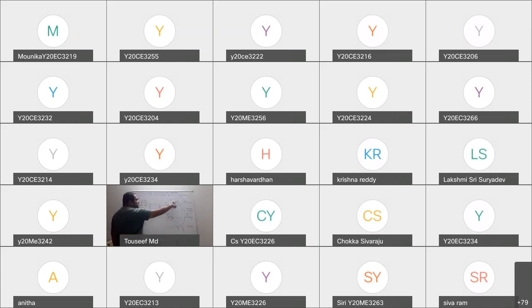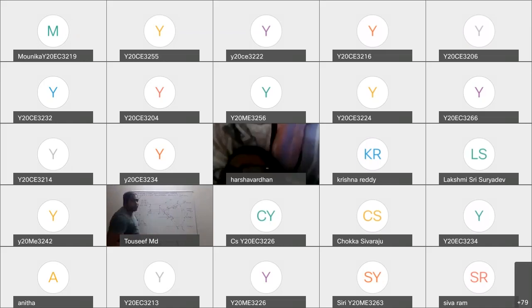Because while taking the center of rotation, you must know the full details of that point, that is front view and top view. Here A dash is only known. I didn't know point A. So the front view is known, the top view is unknown. So I cannot take the center of rotation as A dash. I take the center of rotation as VT, because I know VT and its top view, that is V. So VT as center, VT B dash as radius, draw down up to the locus of B dash. That becomes B2 dash. Is it clear now?